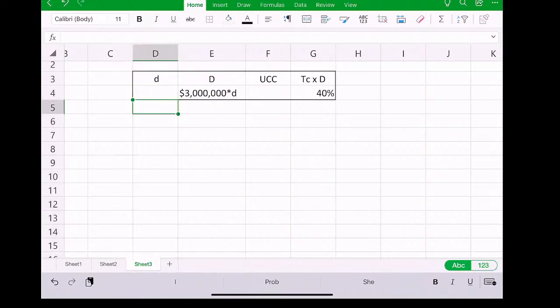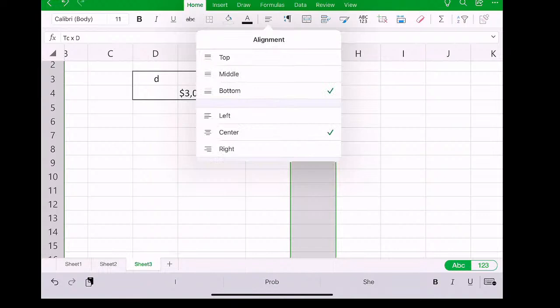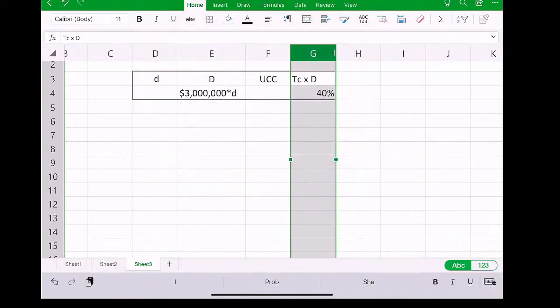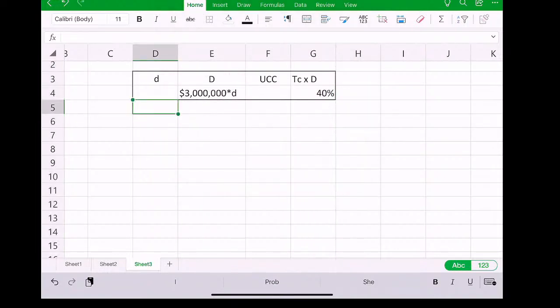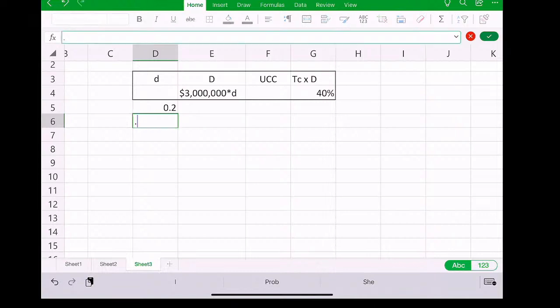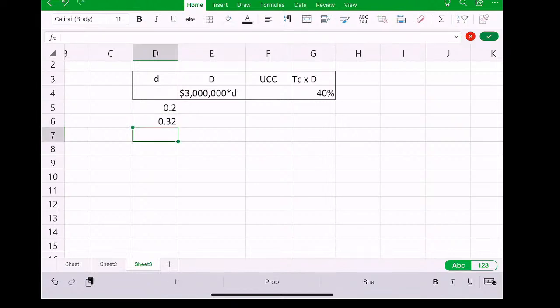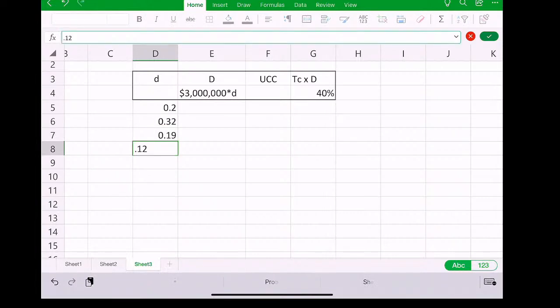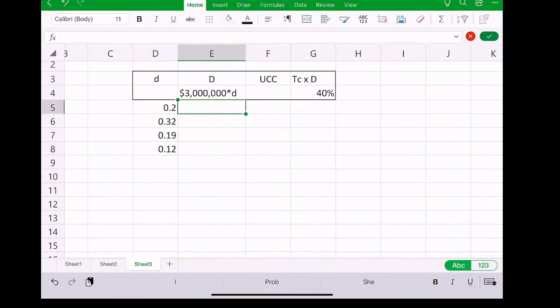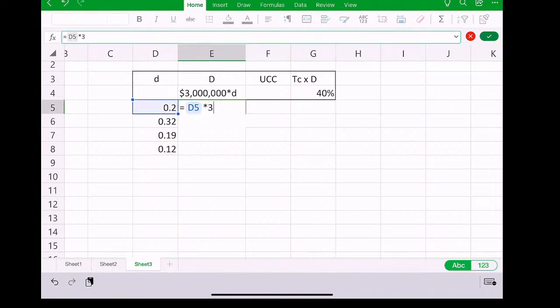And the rate is for the 5-year depreciation. I only take 4 years because that's the duration of the project. And then I multiply each of these by 3 million.